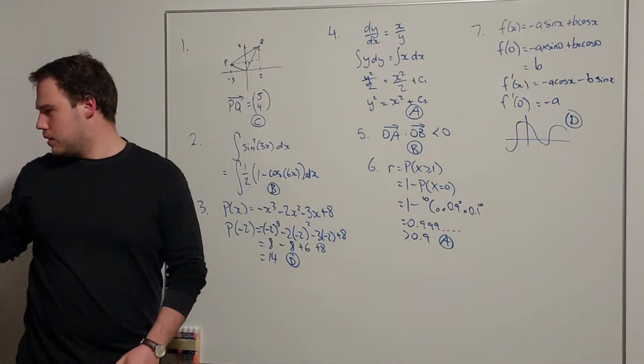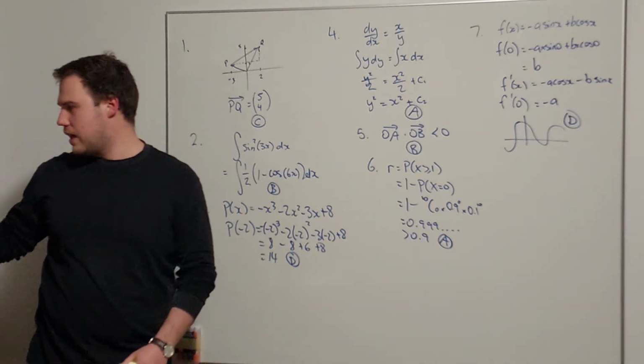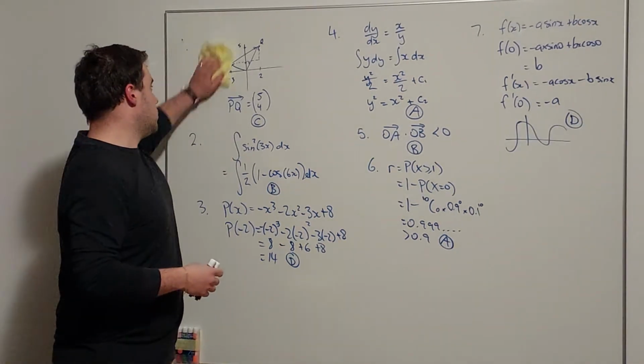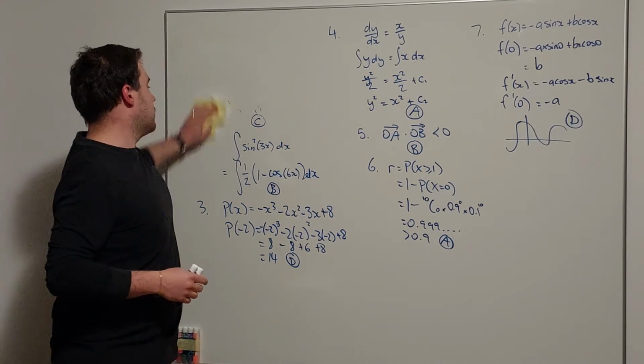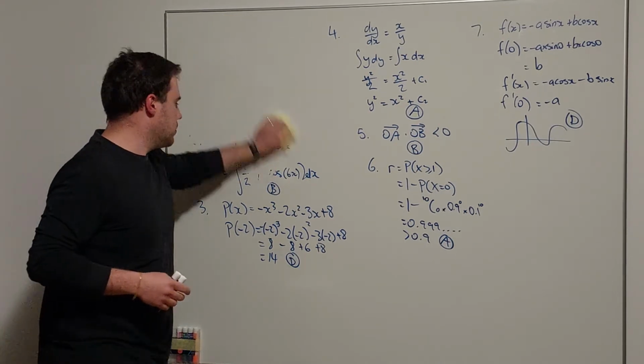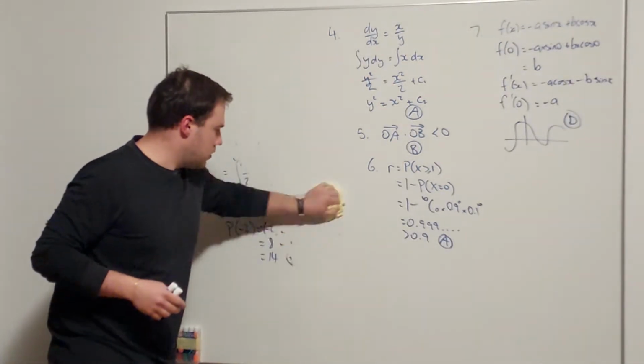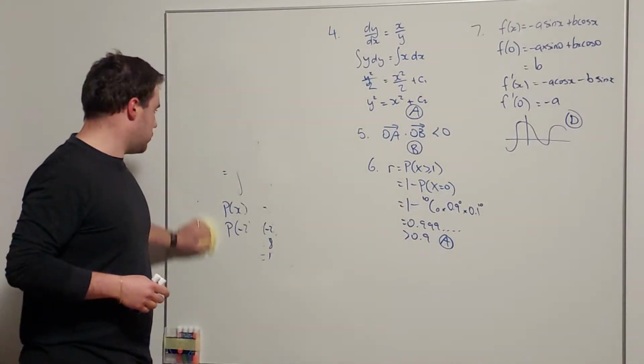Alright, I might start to make some room here. Question 8, we've got the diagram, it shows a semicircle. So the semicircle is centered at 3, 2, and has a radius of 2. I'll draw that up in a moment.